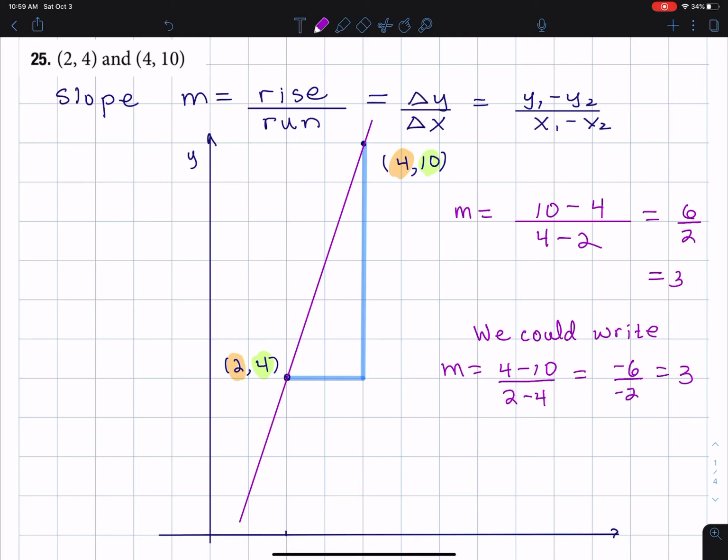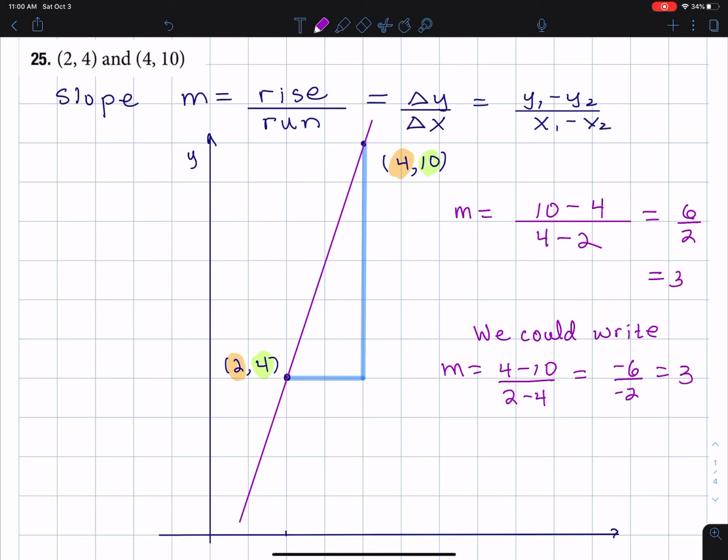When I flip the order of the difference when I'm subtracting, say from 10 minus 4, it changes from 6 to negative 6. But if I'm consistent and do that with the denominator, I'll get the same number.